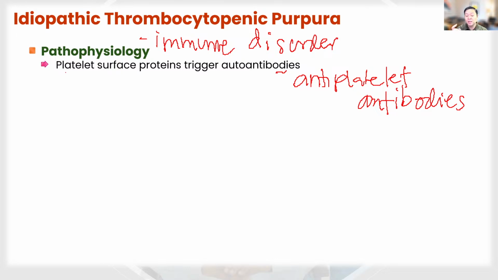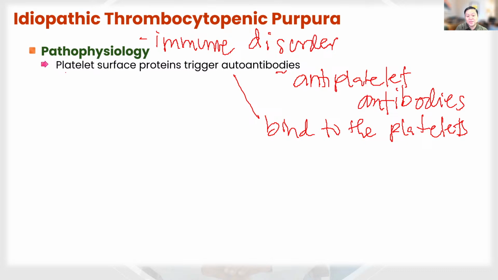These will bind to the circulating platelets, and this will then cause the destruction of the platelets.